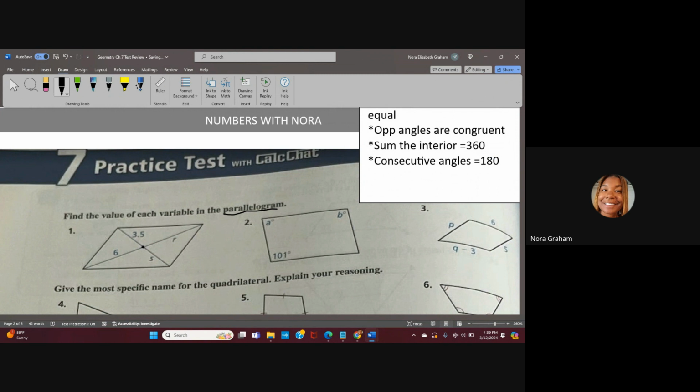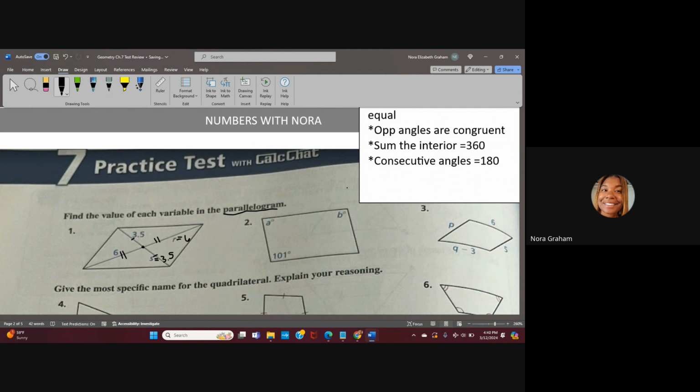Since that's a midpoint, I know that this breaks my whole segment into 2 equal parts. So my S is going to be equal to 3.5, by definition of midpoint. And also in this one, these 2 parts are congruent, so my R is going to be equal to 6.